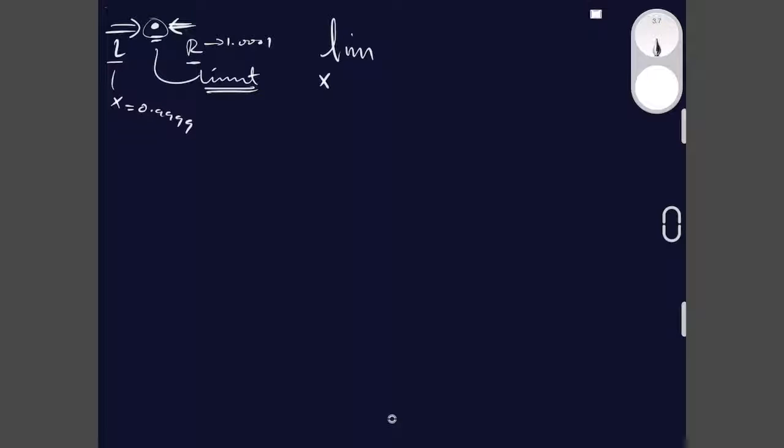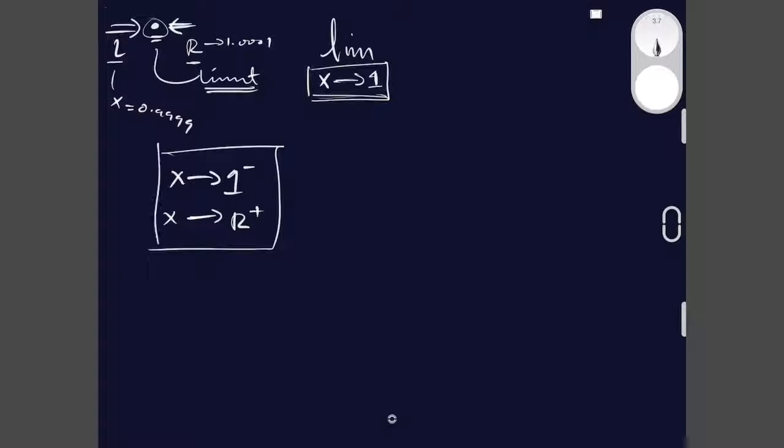So as our value of x approaches 1, which is the point, when we say the limit as x approaches 1, we mean that x is approaching 1 from the left and from the right. If we just write the limit as x approaches 1, we mean it's approaching from both sides, the left and the right.